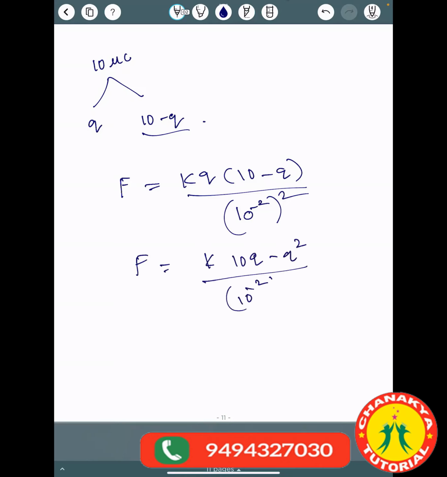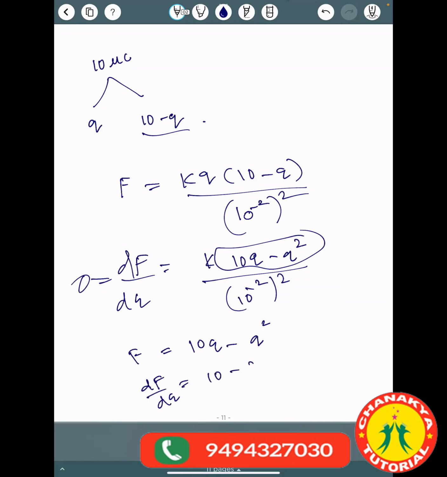If the force is maximum, then dF by dQ should be equal to 0, correct? We differentiate it. Just differentiate this part. Rest is constant. So 10Q minus Q square is F. You differentiate dF by dQ. 10 minus 2Q is equal to 0. You are getting what? 2Q is equal to 10.